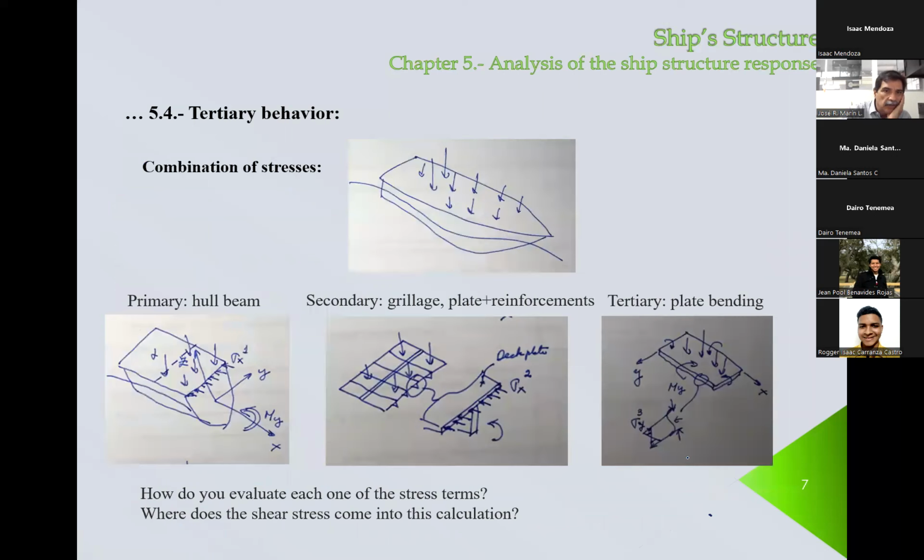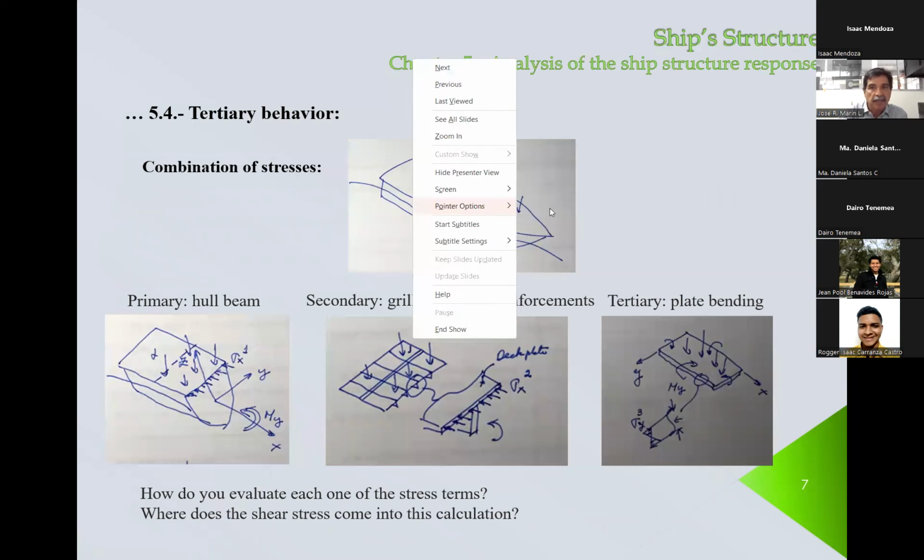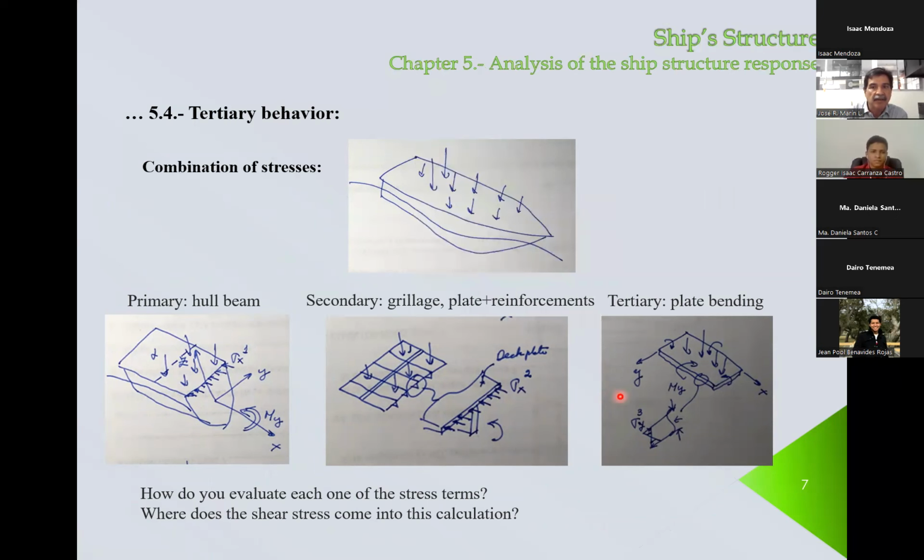Usually that's what we were discussing here, right? In this case, the secondary or the tertiary, basically in this case or in that case, the shear stresses are very small. We could calculate the shear stresses here and here. They're going to be very small. Why?